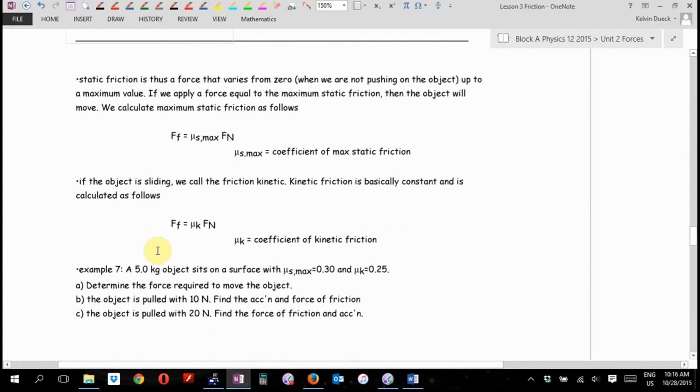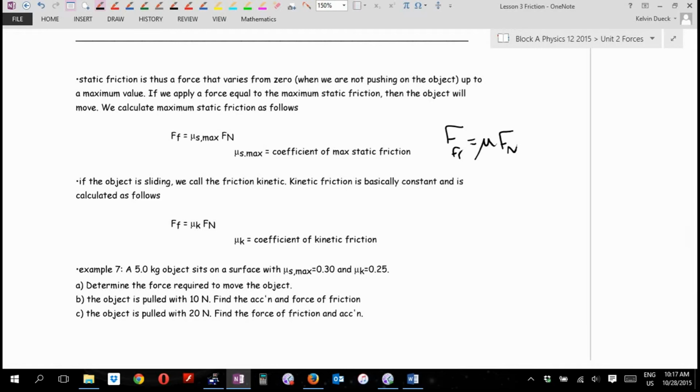So, you calculate maximum static friction as follows. Friction equals mu static max times the normal force. Again, we're just going to pretend for the whole lesson that friction equals mu times the normal force, and simplify and say whether we're moving or not, the coefficient of friction is the coefficient of friction.